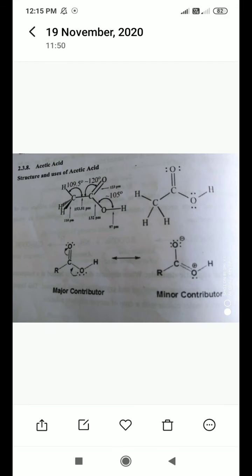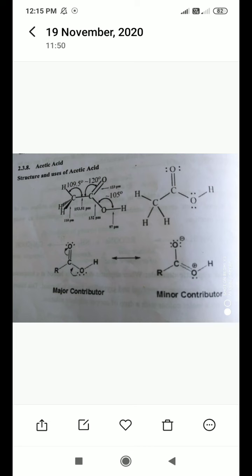You just keep in mind that CH3COOH is the molecular formula for acetic acid.